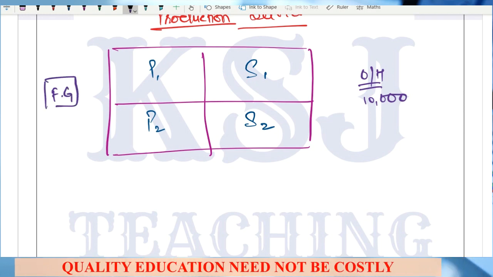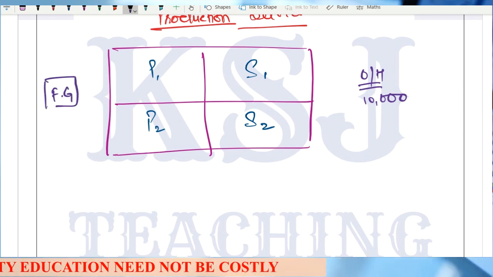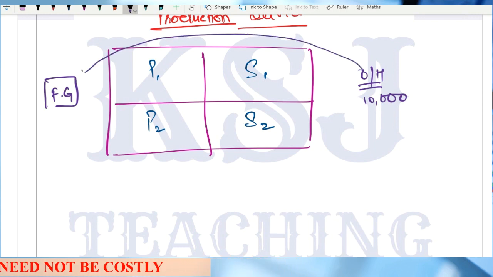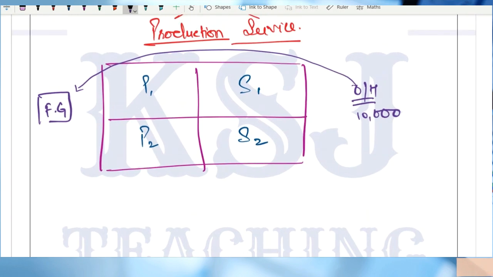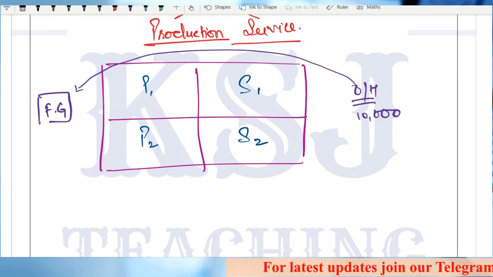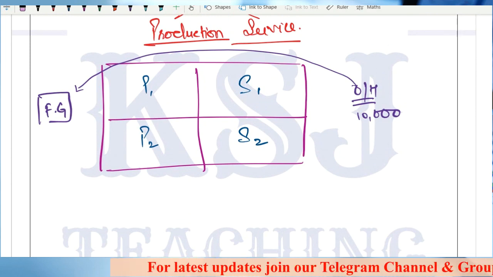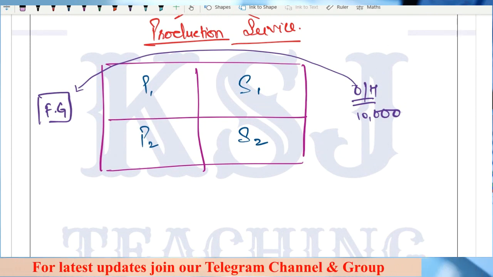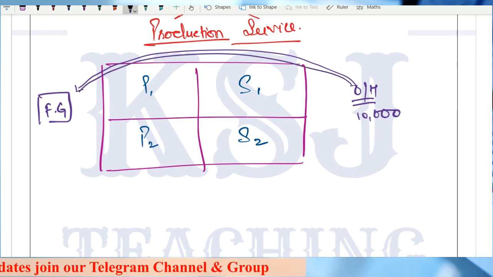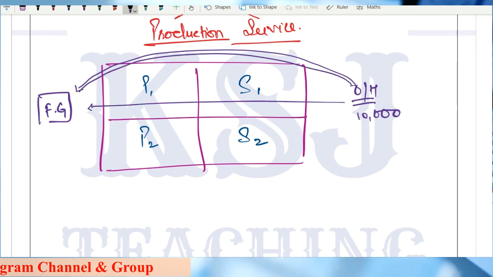Now, what is the purpose? The purpose is to make these overheads of 10,000 identifiable in one unit of finished goods, right? But the problem is, there are 4 departments in between. There are 4 walls in between. How to cross this river, how to cross these walls to reach the finished goods? We can't jump from here to here. We have to cross it from here like this, right?